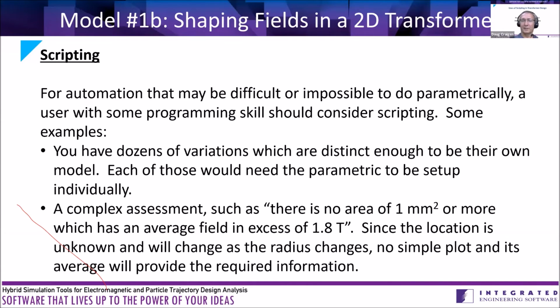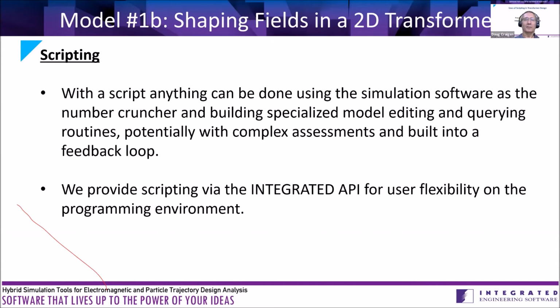If there's some tiny spot where the field gets beyond saturation, so what? What I need to know is whether there is any area greater than this amount which is problematic. Because you can't predefine where that might be, the assessment is fundamentally complex, and there may be no nice parametric way to set it up. But if that kind of assessment is something you do over and over, you can create your own automated tool to do that in any model that you want.